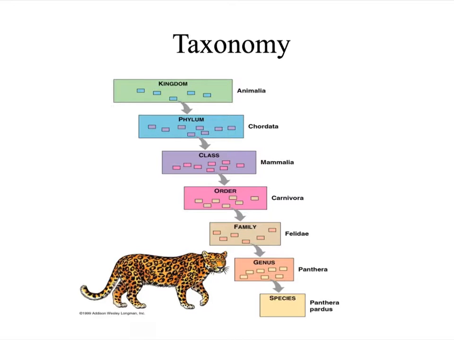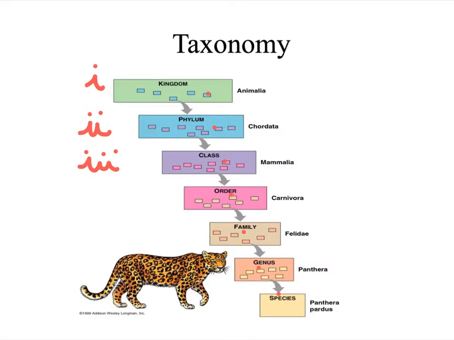The levels are based on Linnaeus. The most general level, so this would be letter I, is kingdom. And then you have phylum, class, order, family, genus, species. So you'll notice there are 7 places for you to put that. So kingdom, phylum, class, order, family, genus, species.